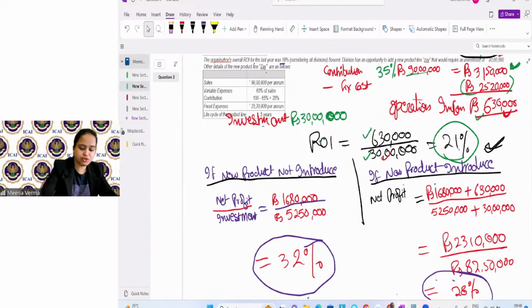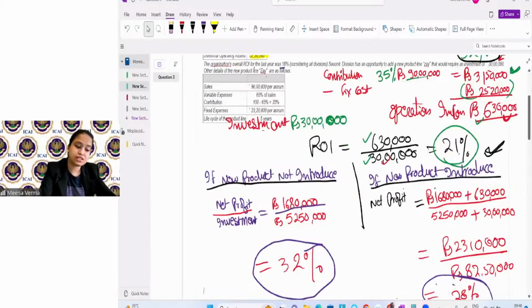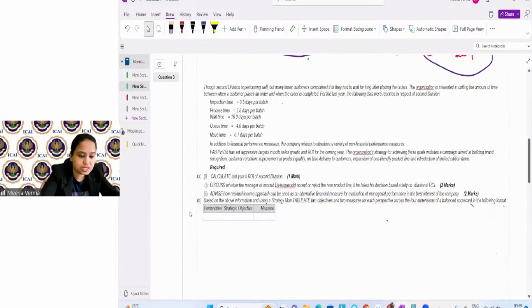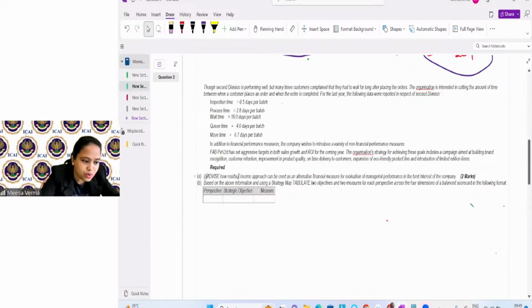So management may reject the proposal, but what is happening here? The next portion of the question is asking, for example, if we are taking the decision considering the residual income, then what will happen? Advise how residual income approach can be used as an alternative financial measure for evaluating the managerial performance in the best interest of the company.